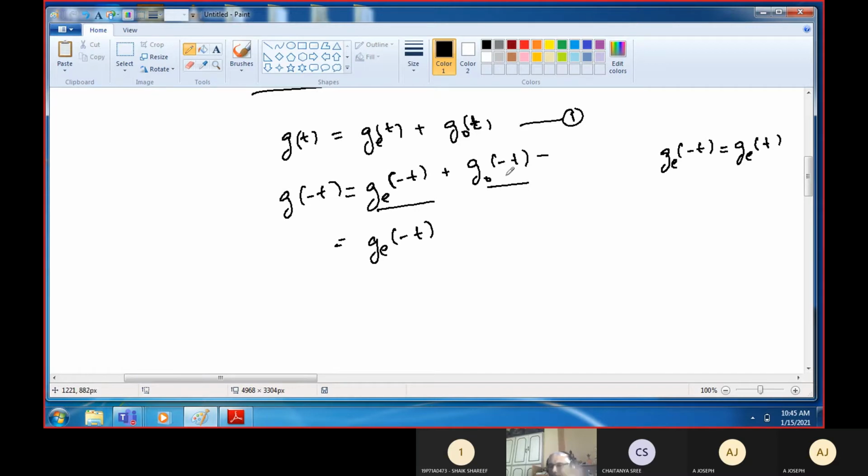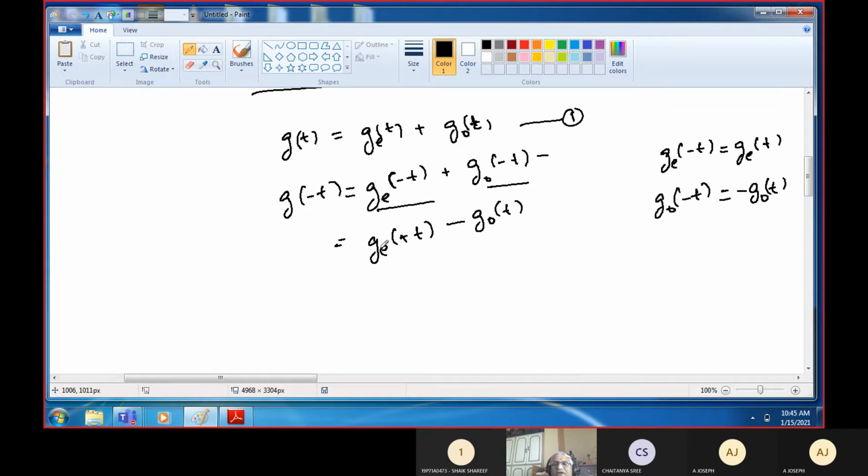Then what happens to this one? This is an odd function. Is it not? Odd function we know when we replace t with minus t, it becomes the negative. So g odd of minus t will become minus g odd of t.